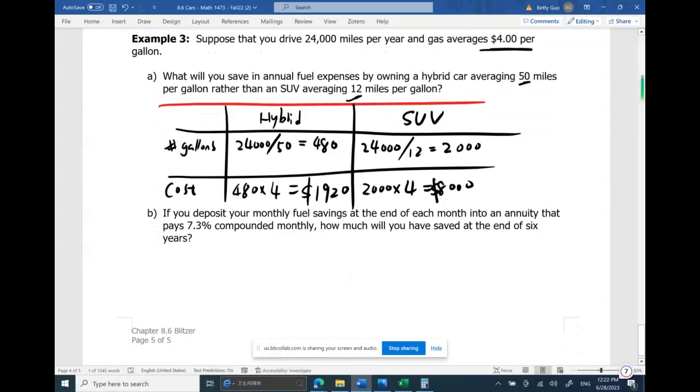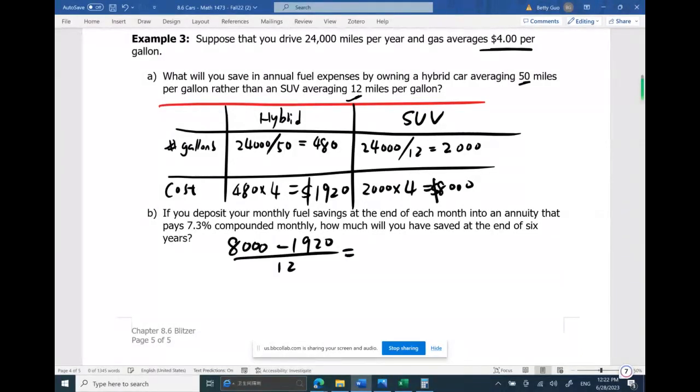If you deposit your monthly fuel savings, that means you are going to switch to a hybrid from an SUV. So your monthly fuel saving is going to be 8,000 minus 1920, then divided by 12.